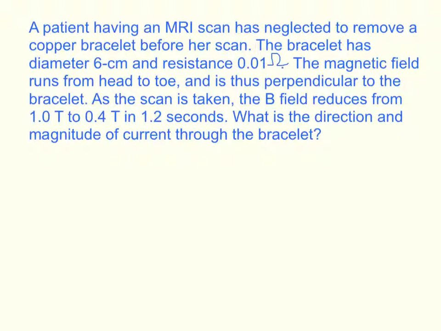So during the scan, the magnetic field changes. And let's say it reduces from 1 Tesla to 0.4 Teslas in about a second. Then what would be the effect on the current? What direction and what strength will the current be through the bracelet? So let's draw a quick little picture depicting the bracelet. So this is a circular bracelet, as we are going to say.